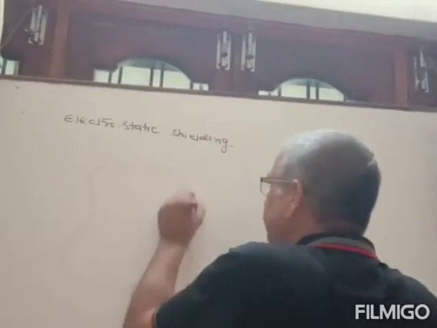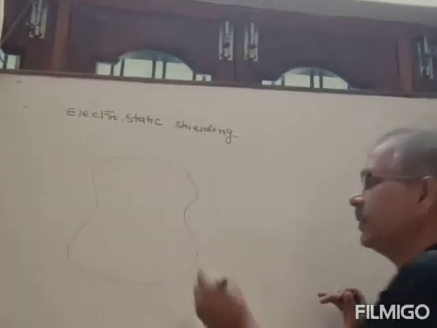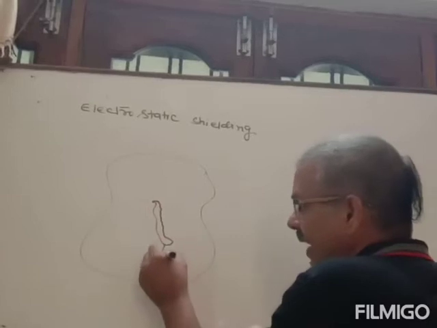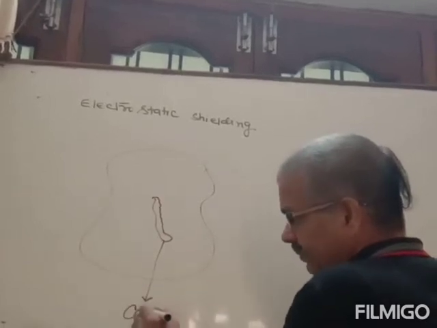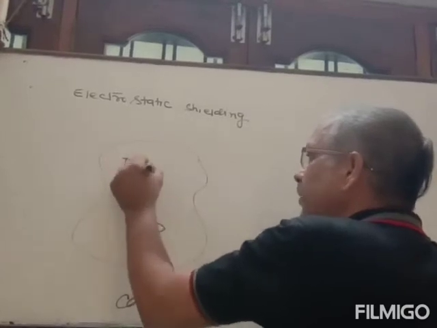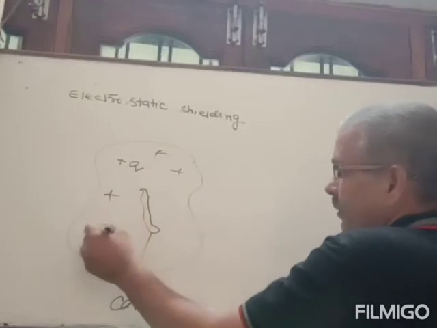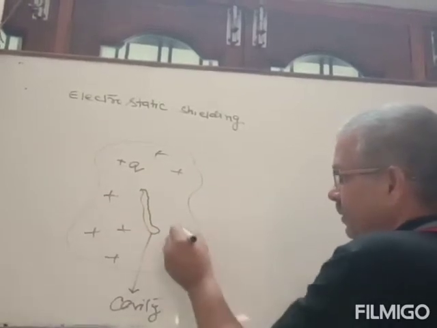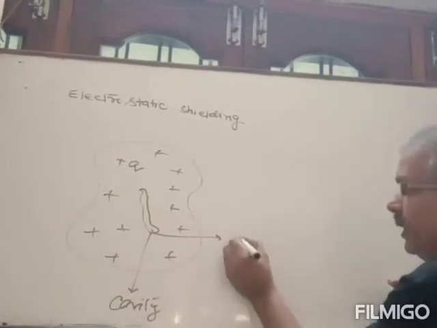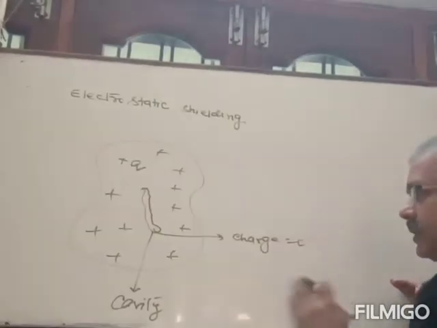Suppose we have a conducting plate, or we can say metallic plate, and there is a small cavity present on its surface, and when charge plus q is given to it, then this charge gets distributed throughout its surface, but at the cavity no charge is present.